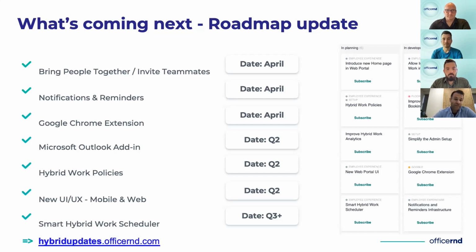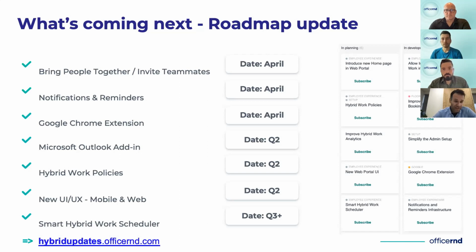Just one example: imagine it's next Tuesday, you have a meeting with 5 people. 3 of them have already booked desks in the office. So why can't the system not just suggest, but directly book you a desk, because it's always better to be on that meeting in person, because hybrid meetings are also a little painful. So there is a lot that can be done on that front, and we'll continue investing in making the scheduling system of OfficeRnD Hybrid a lot smarter.